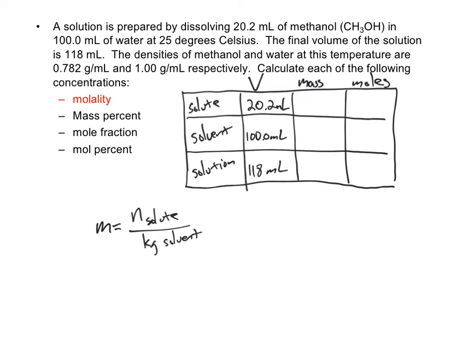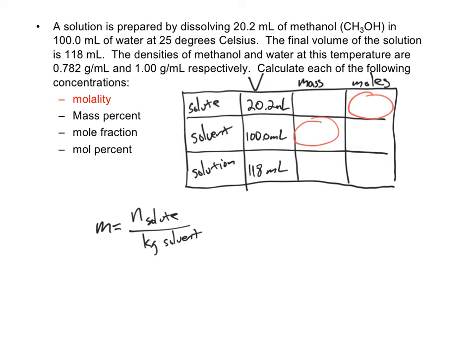And so when I look at Mike's table, the information I need to get the molality is the moles of the solute and the kilograms, or the mass, of the solvent. And once I get those two, I can divide them out, and that will give me the molality. So finding the moles of the methanol, the solute, is going to take a little bit of work.